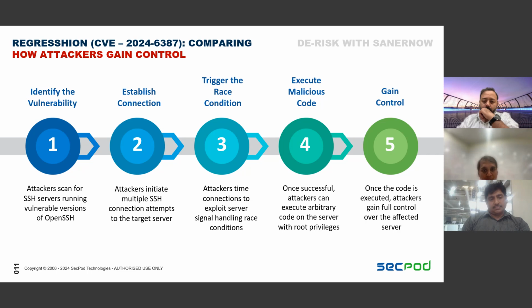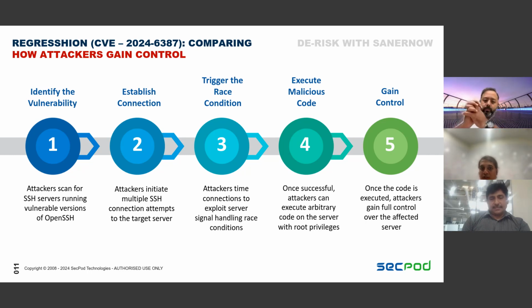Once they find the vulnerable servers, they craft a packet and send that crafted packet to an SSH service. If the SSH service is not able to handle it and executes the code present in that crafted packet which the threat actor has sent, it will execute that code.